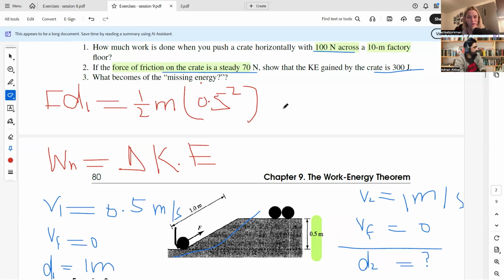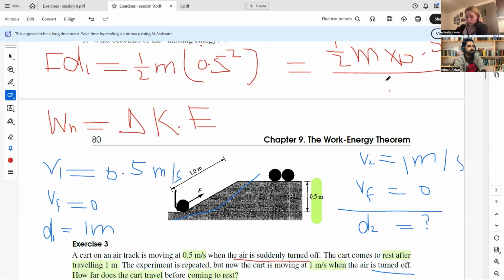As we are here to calculate the force, we need to change our relation: half m multiplied by 0.5 squared, that is velocity, divided by d1. d1 is 1 meter, so I'm just putting here 1 meter, and it is giving us the value of the force F.